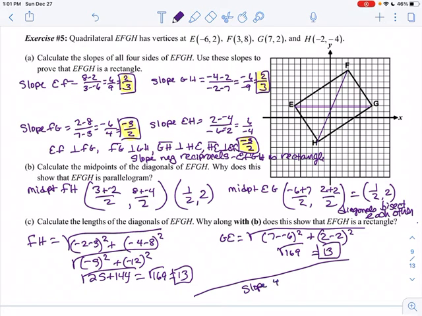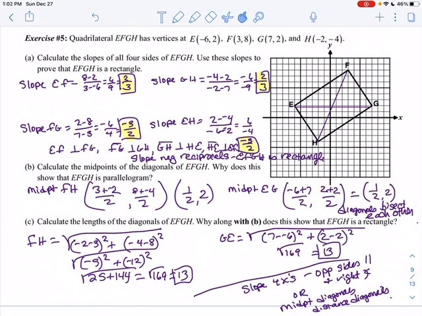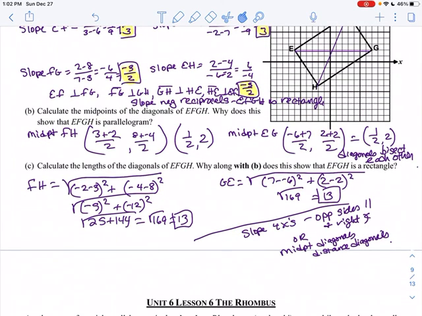You can either do the slope 4 times to show that the opposite sides are parallel and it has a right angle, or you can do the midpoint on the diagonals to show that they bisect each other, and then the distance formula on the diagonals to show that they have the same length. So your choice. I personally think it's easier to just do the slope 4 times. Otherwise, you do the midpoint twice and the distance twice on the diagonals.